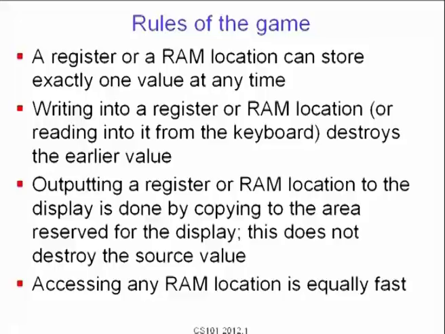And the other approximate assumption we'll make is that accessing any RAM location is equally fast. Strictly speaking, that is not true. In fact, as I said before, RAM is slower than CPU. And in fact, these RAMs are what are called dynamic random access memory, which means that those few hundred electrons actually leak away unless they're refreshed regularly.